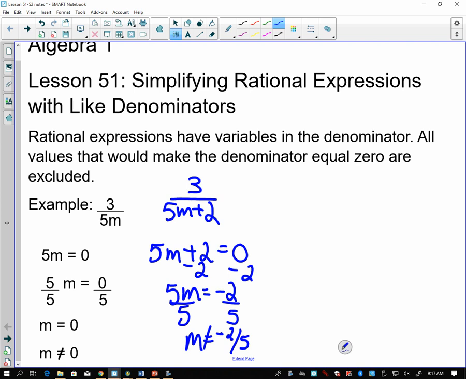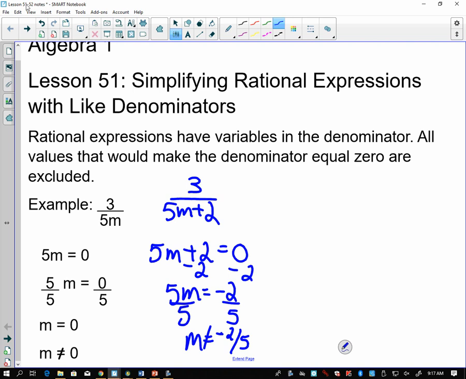So m cannot be negative 2/5 in this scenario, because 5 times negative 2/5 is negative 2. Negative 2 plus 2 is 0. So do we kind of see how some of that stuff works? Hopefully, a little bit.